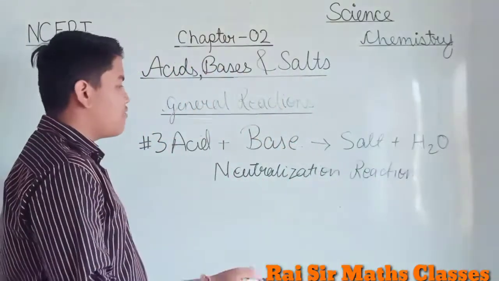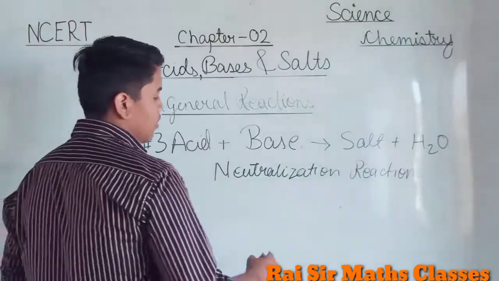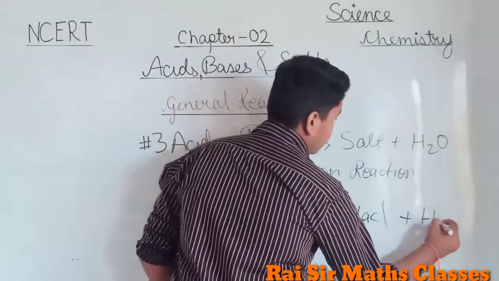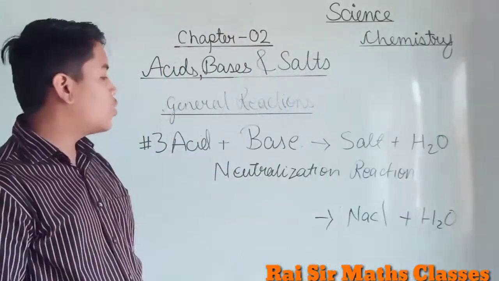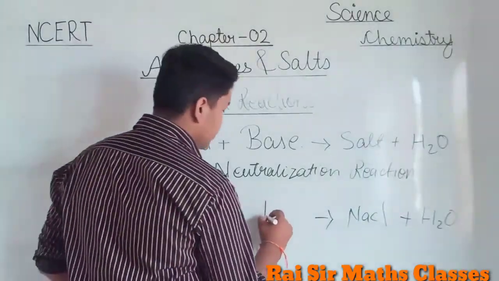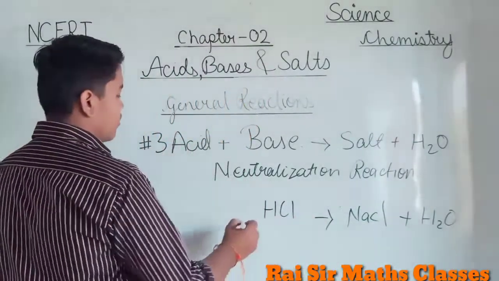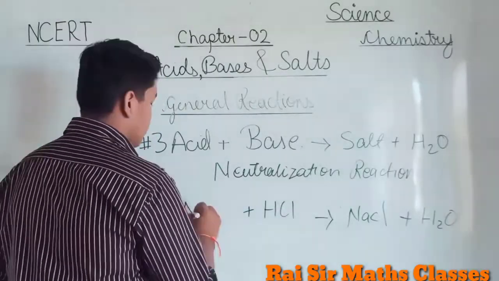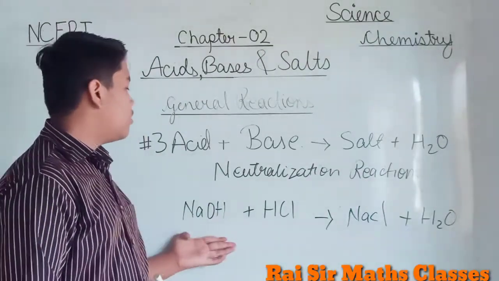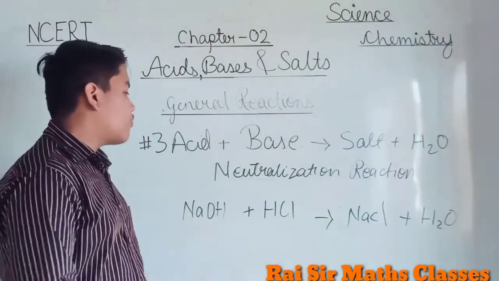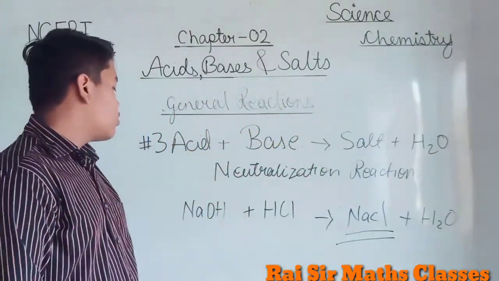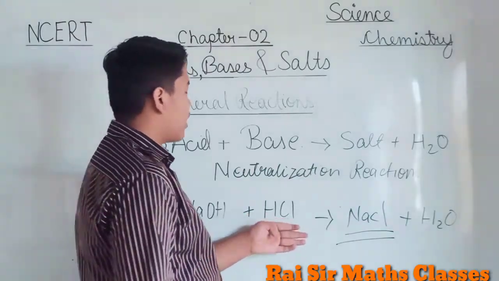In this we take the example of common salt, NaCl, which we mix with water. What are the two substances formed? The first one is hydrochloric acid and the other is NaOH, from which we can get common salt by reacting sodium hydroxide with hydrochloric acid.